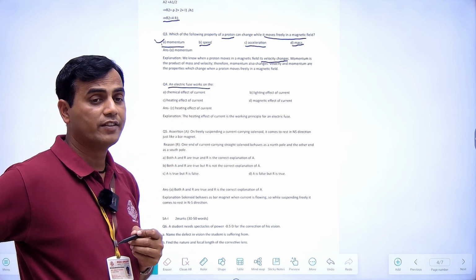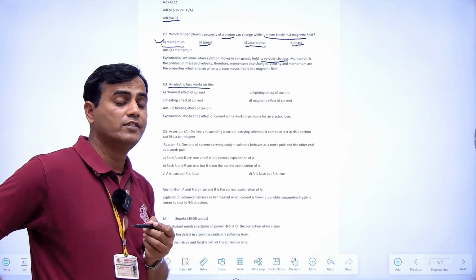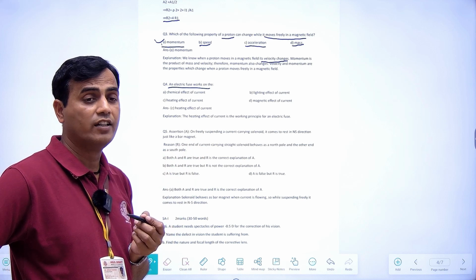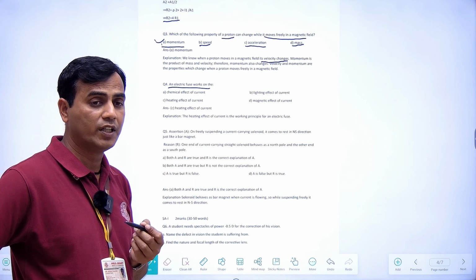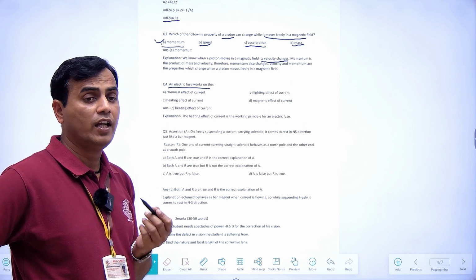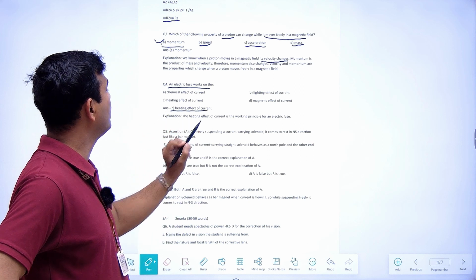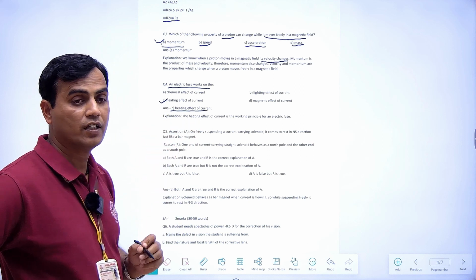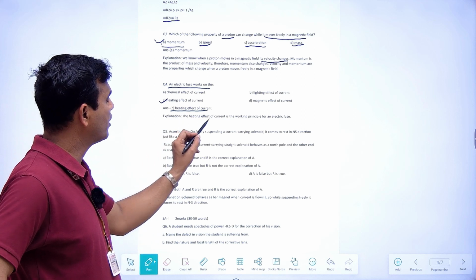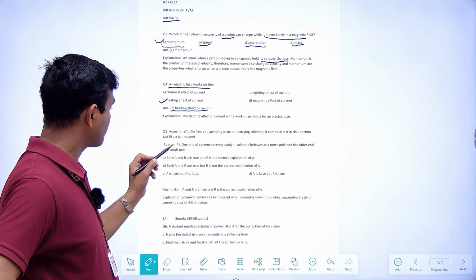This is the simplest one here. When electric current flowing in a resistance is higher than the rating of the particular fuse, it produces higher heat and the fuse will melt. So it is clearly based on the heating effect of current, and our answer here is option C. The heating effect of current is the working principle of an electric fuse.